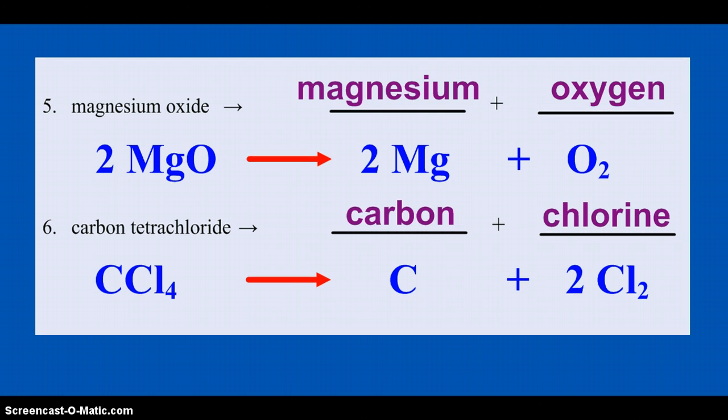Decomposition answers. Magnesium is +2, oxide -2, which is why we just have MgO. Carbon tetrachloride, tetra is 4. And so when it breaks down into carbon and chlorine, Hofbrinkel, which is why we need 2 of them to make the 4.